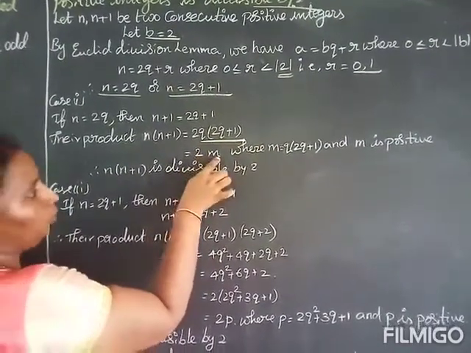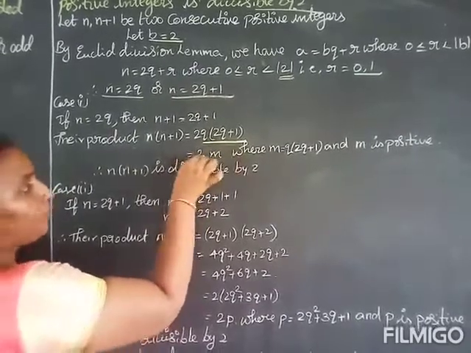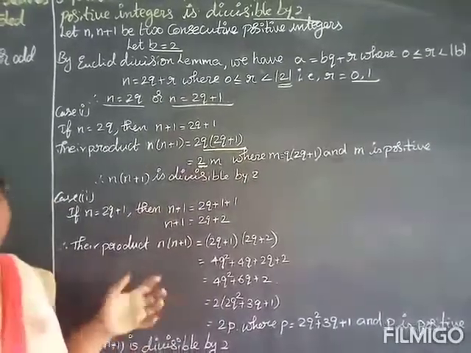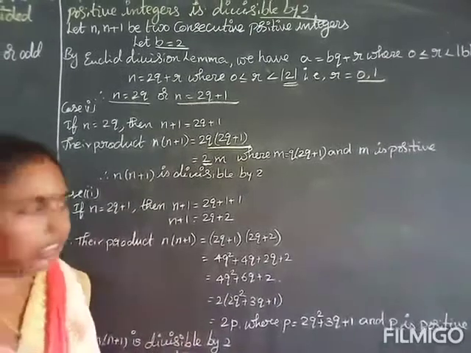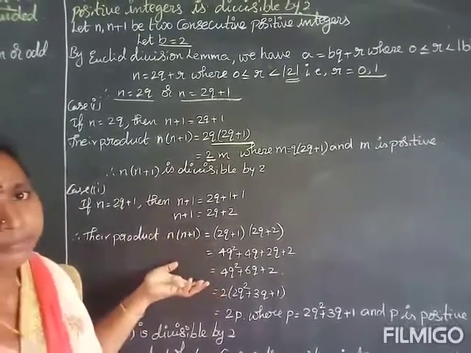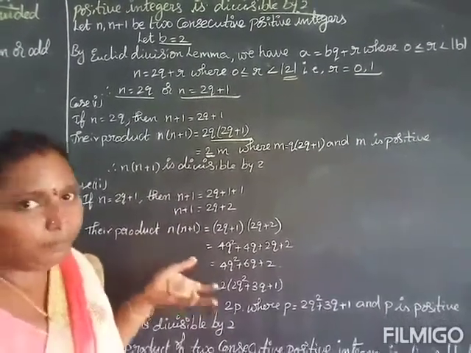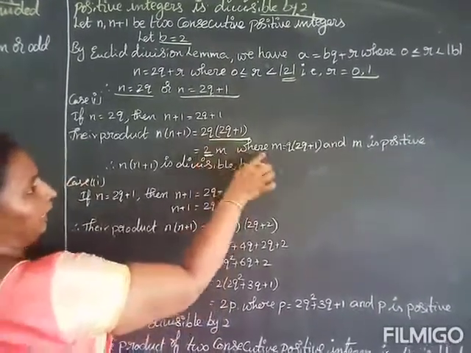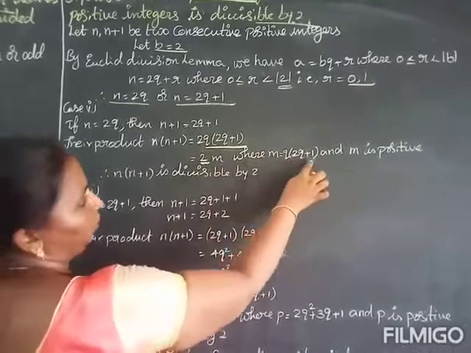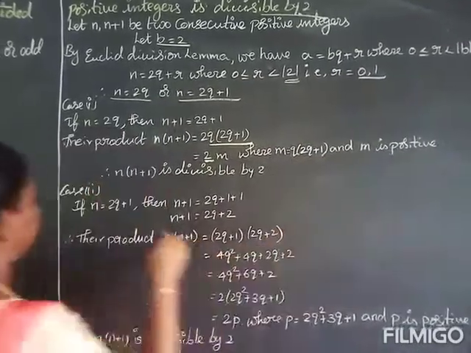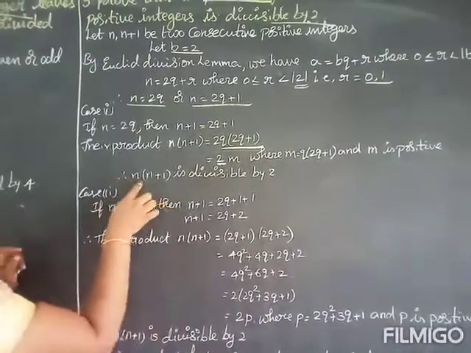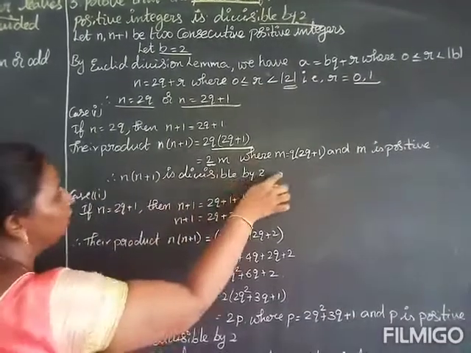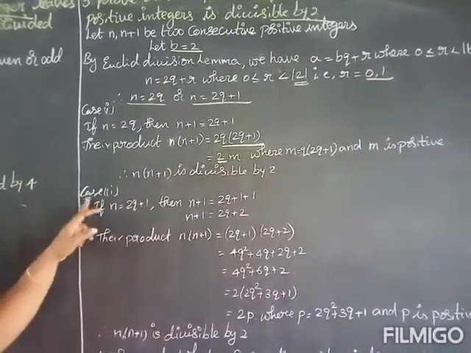So I got 2m. It is a multiple of 2, isn't it? Every multiple of 2 must be divisible by 2 and the remainder should be 0. So here m = q(2q + 1) and m is positive. Therefore n(n + 1) is divisible by 2.